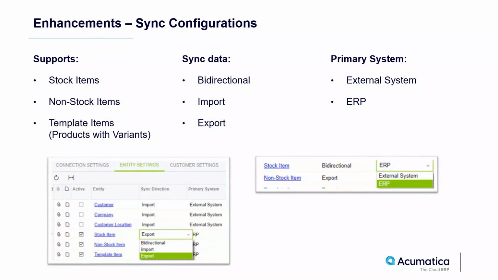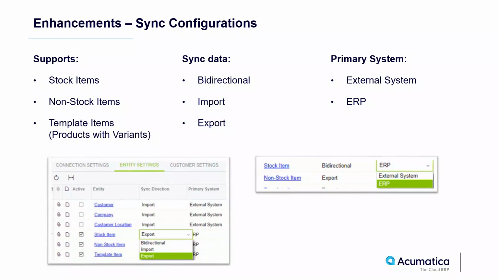And then you can also use a bi-directional sync where information can be changed in either system, and then during the sync process, whatever system has not been changed will receive the update from the other system.